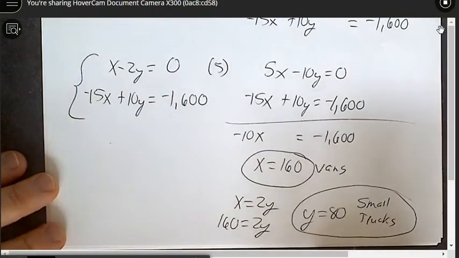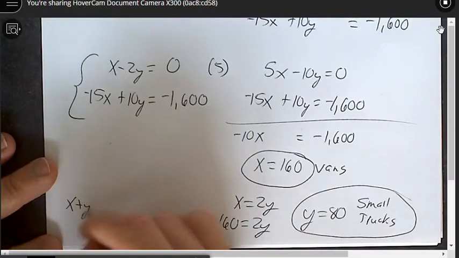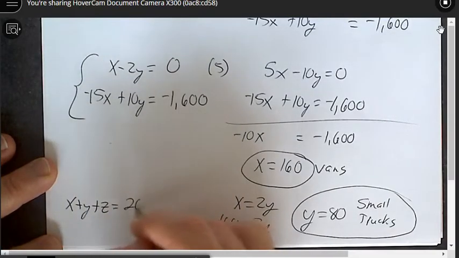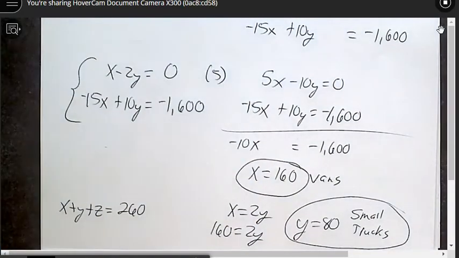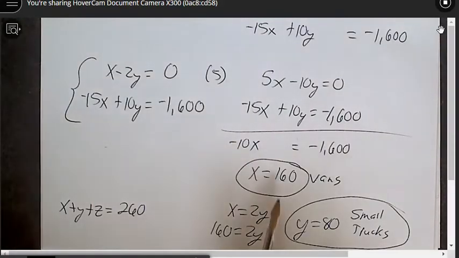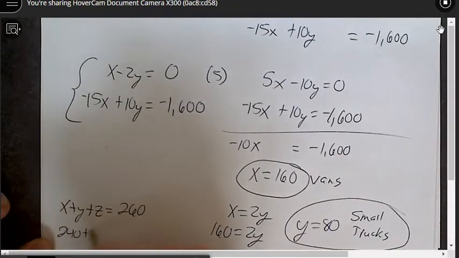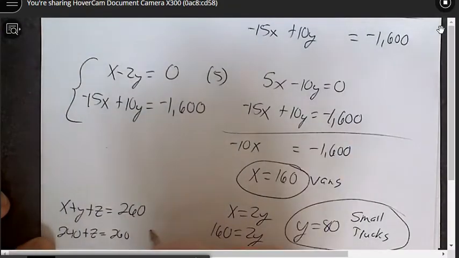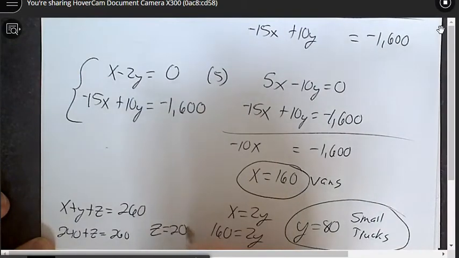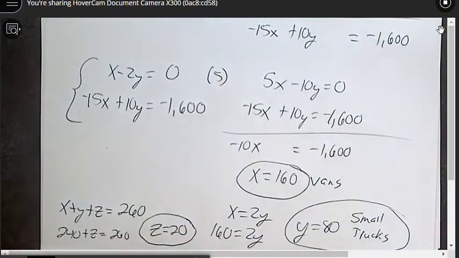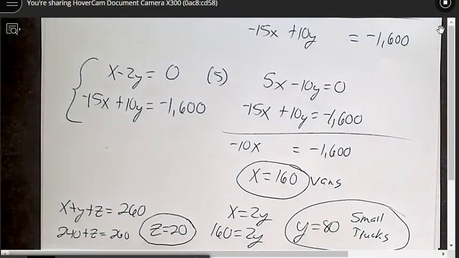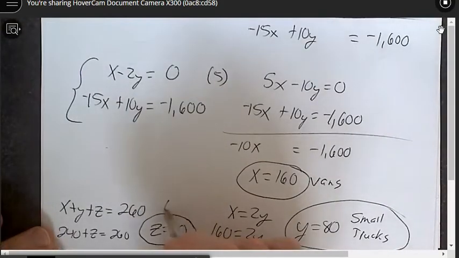And then the easy equation from there was x plus y plus z equals 260. So that one was basically 160 plus 80, that was 240, plus z equals 260, so that means that z was equal to 20. And that was our large trucks.